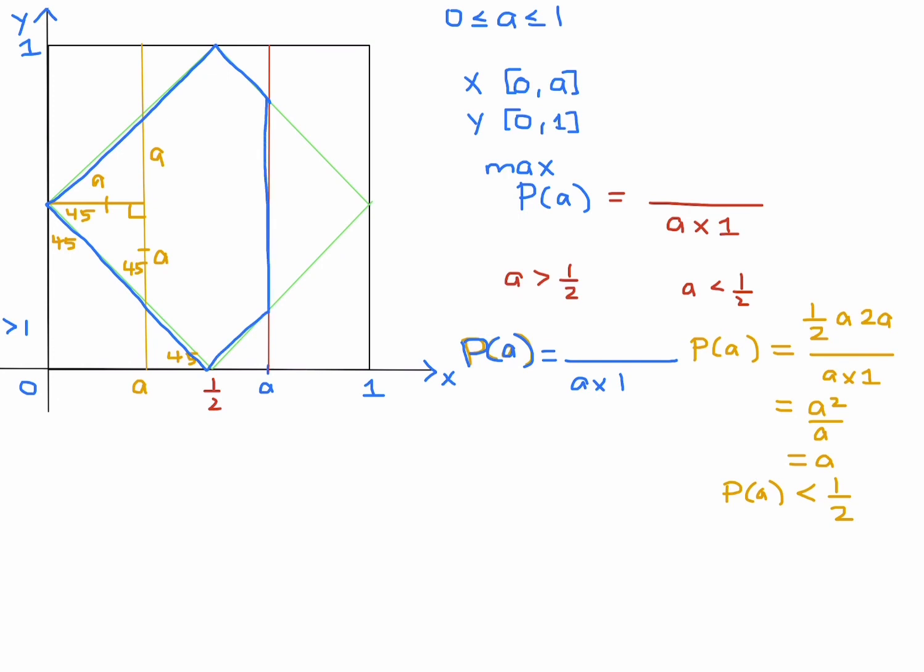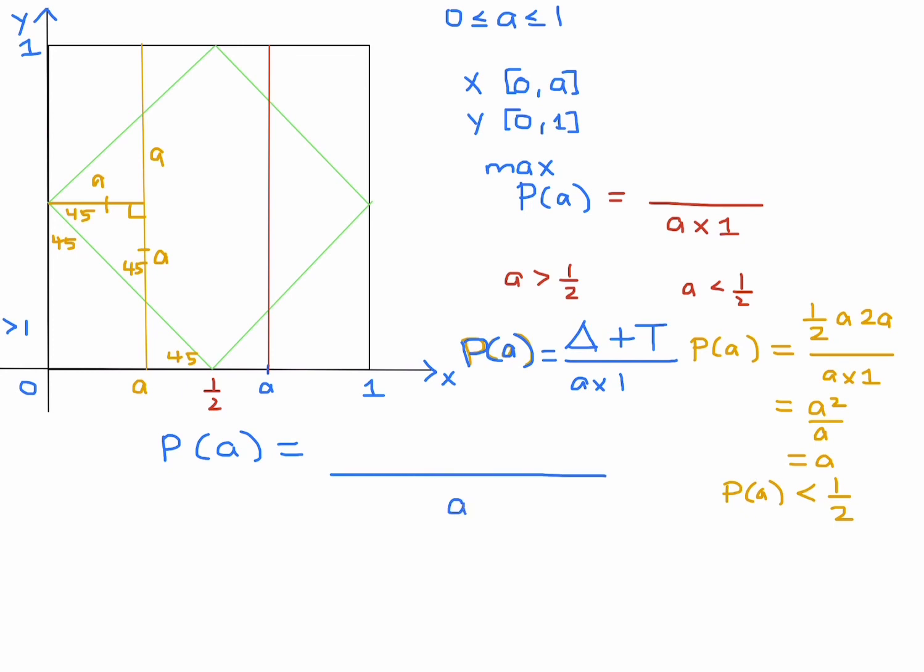You see that? And I'm going to break that up into 2. So I've got the triangle, this guy. And then I've got a trapezoid right here. So keep that in mind. So triangle, I'll just write that here, triangle plus trapezoid. So we are going to need some space, so I'll write that over here. And that's going to be all over A.